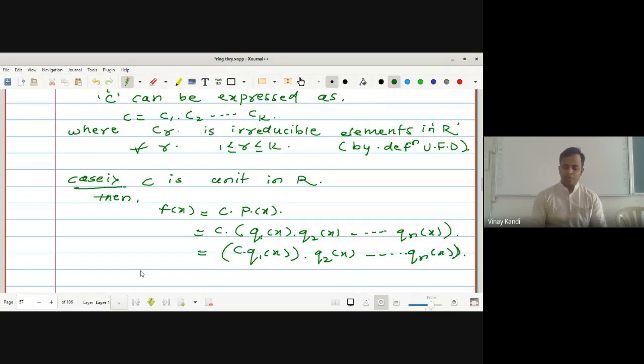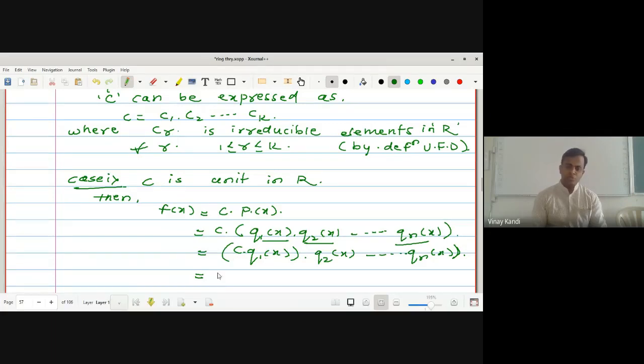Here q1 is irreducible, q2 is irreducible, all the qi's are irreducible, and c is a unit in R. So c into q1 is also an irreducible element.